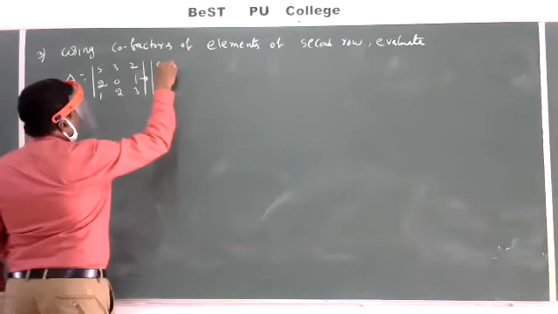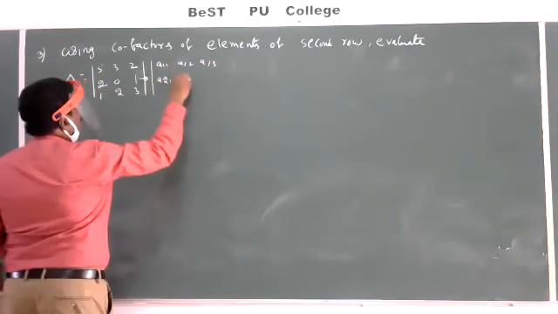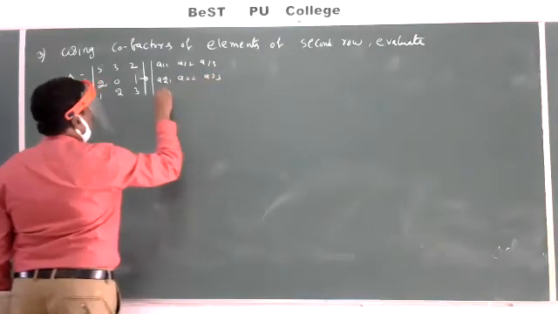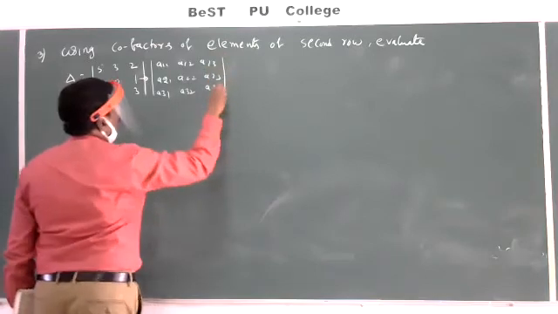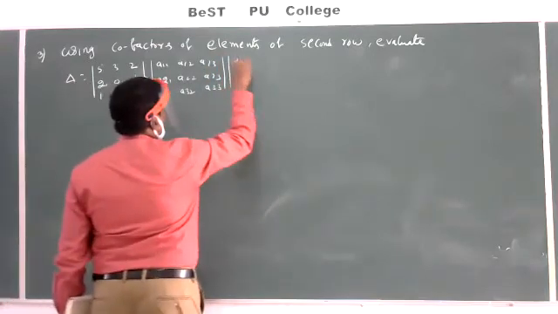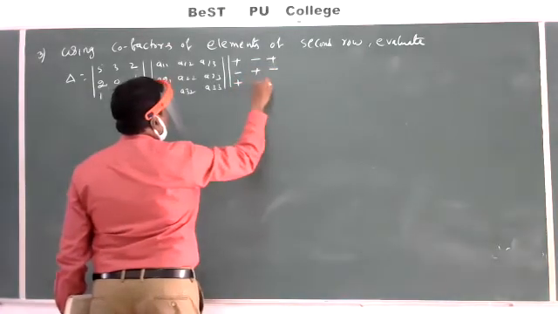Here it is a11, a12, a13, a21, a22, a23, a31, a32, a33. Symbols are plus minus plus, minus plus minus, plus minus plus.